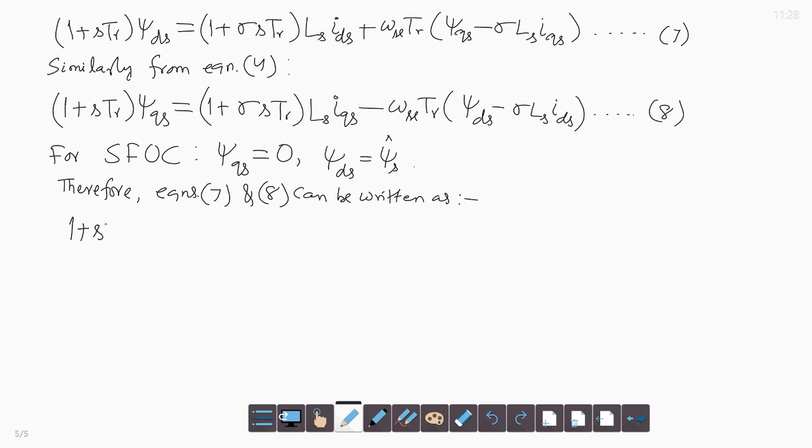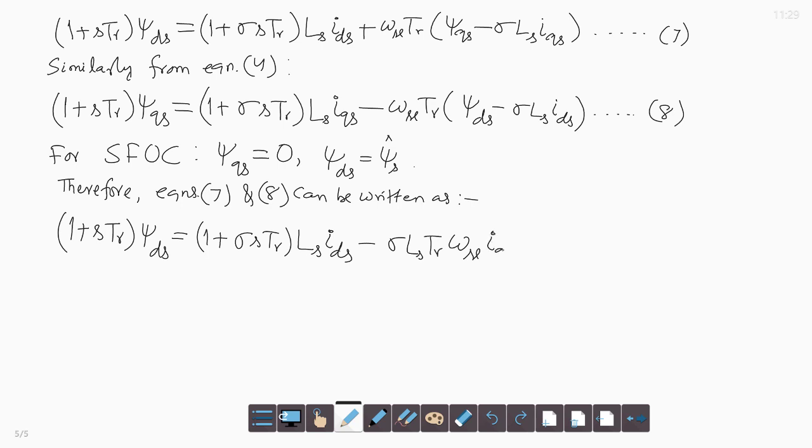1 plus str into psi ds equals to 1 plus sigma str into ls ids plus psi qs is 0 minus sigma ls tr into omega sl into iqs. This is equation number 9.